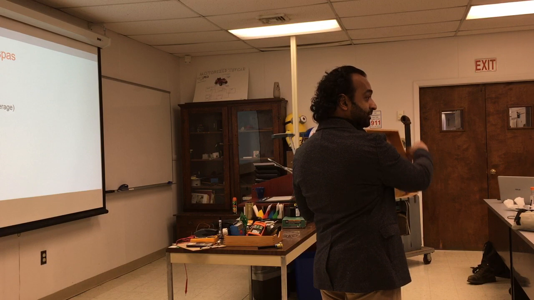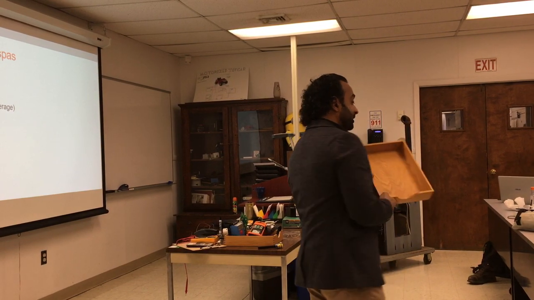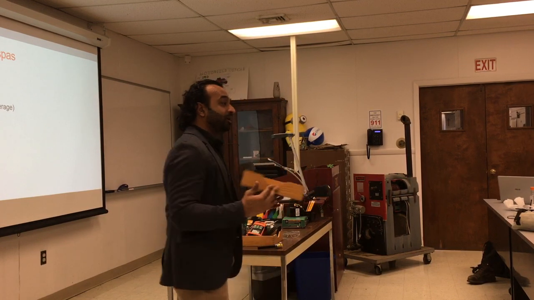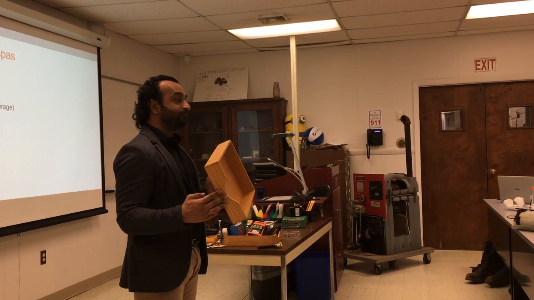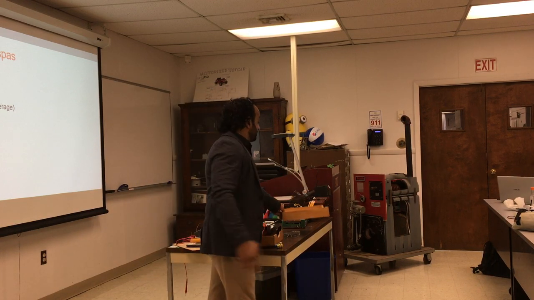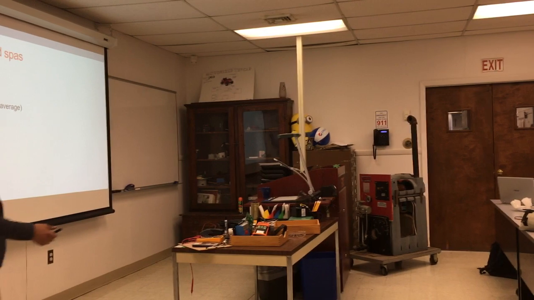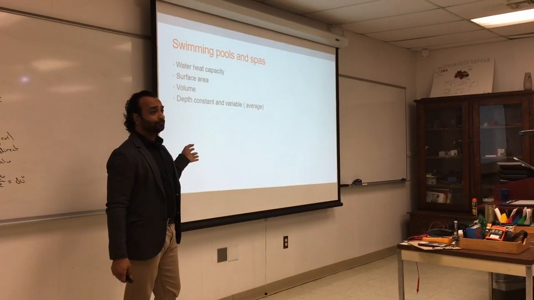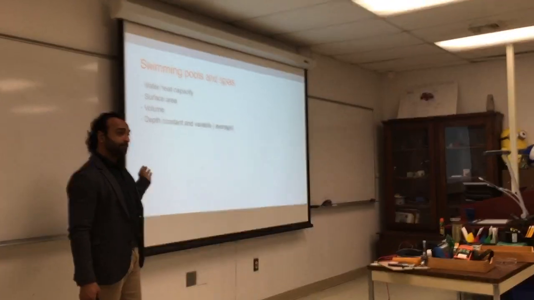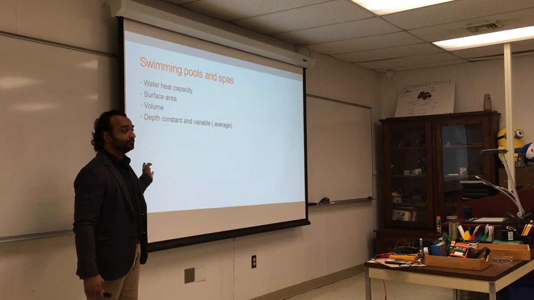All three. Yes, because they're not going to be the same all the time, so you know the depth. So let's distinguish between that, and not all pools are square. People get really fancy about pools. So we'll talk about volume and surface areas, and all the formulas are in your book for you to use. We just need to understand how they work so you know how to apply them.